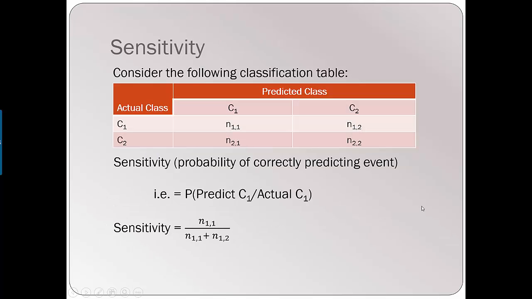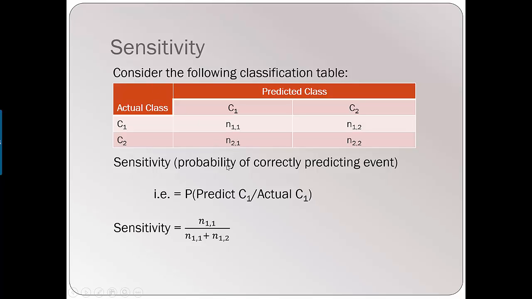Now let's look at sensitivity and specificity. Sensitivity is the ability of the model to correctly predict class C1, the event of interest, class equal to 1. Given the actual class is C1, how likely are we to predict it as C1?